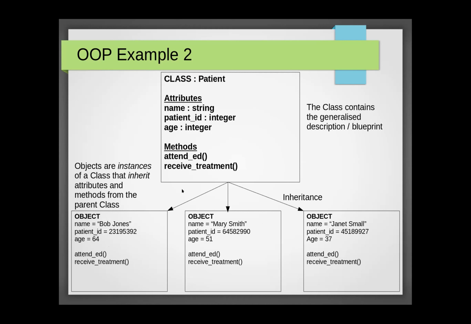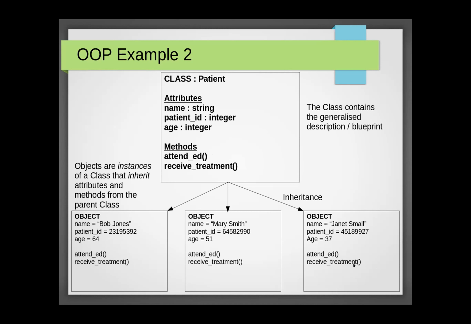So we can define in our code, here's what we mean by a patient, and then whenever we create a patient, we can say, okay, I've got a new patient here, his name is Bob Jones, this patient ID, this age, and again, takes these methods, but I've got another patient over here called Mary Smith with this ID and this age, and I've got another patient over here who's called Janet Small with this ID and this age.